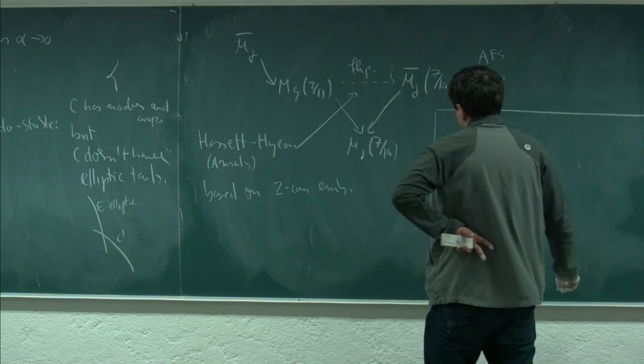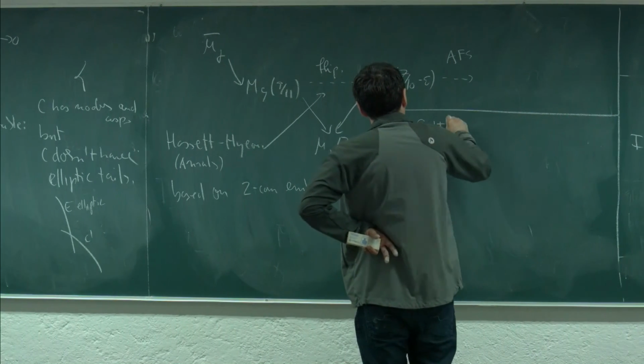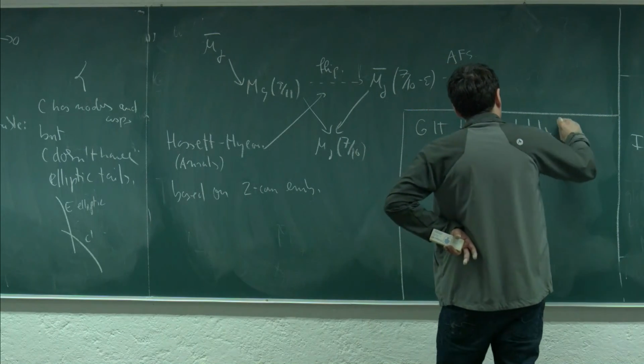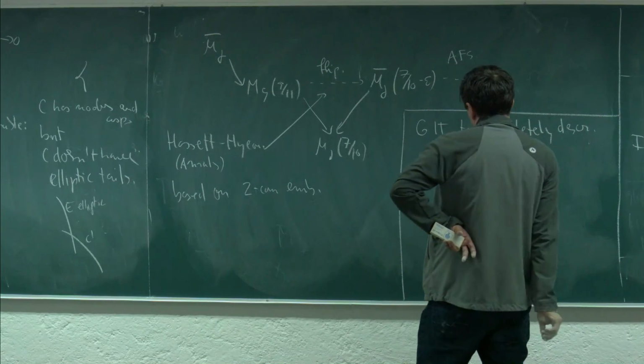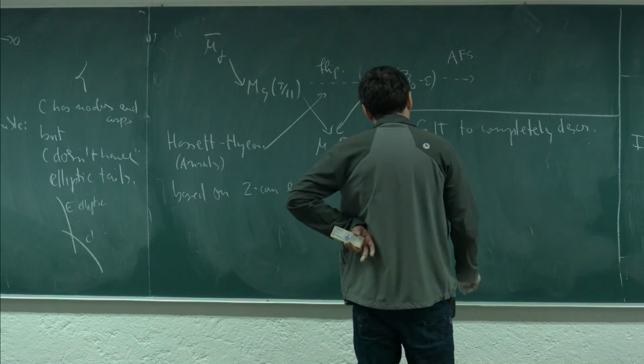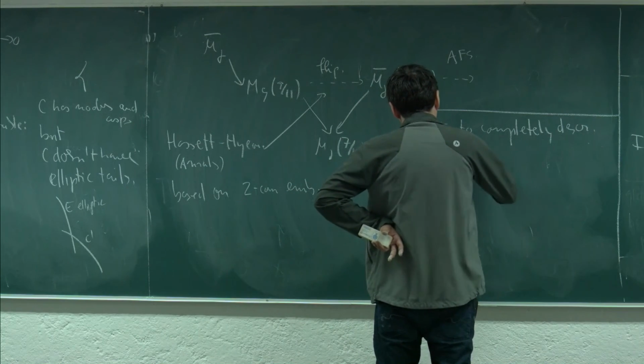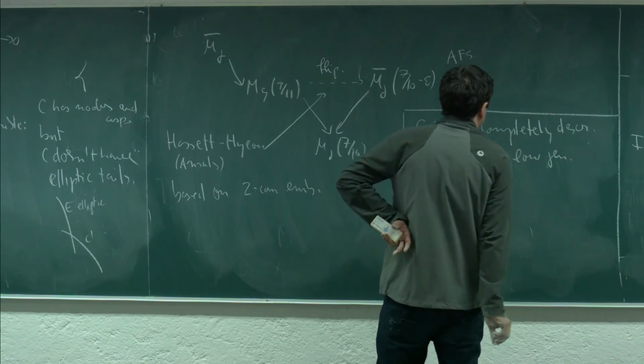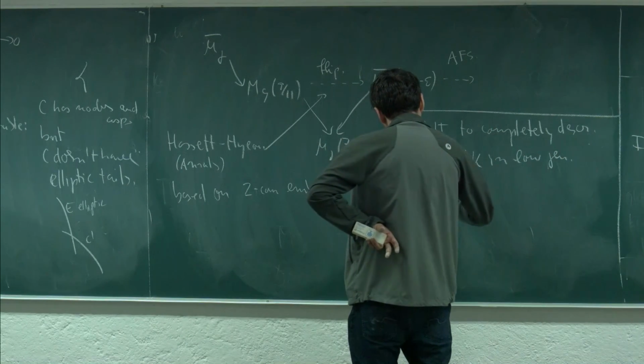At the other extreme, you can use GIT to completely describe the Hassett-Keel program in low genera. So genus 3 is actually quite interesting.